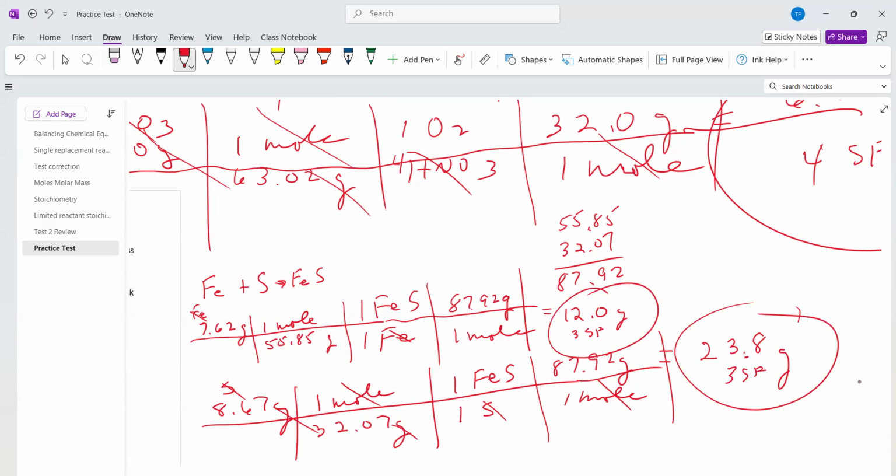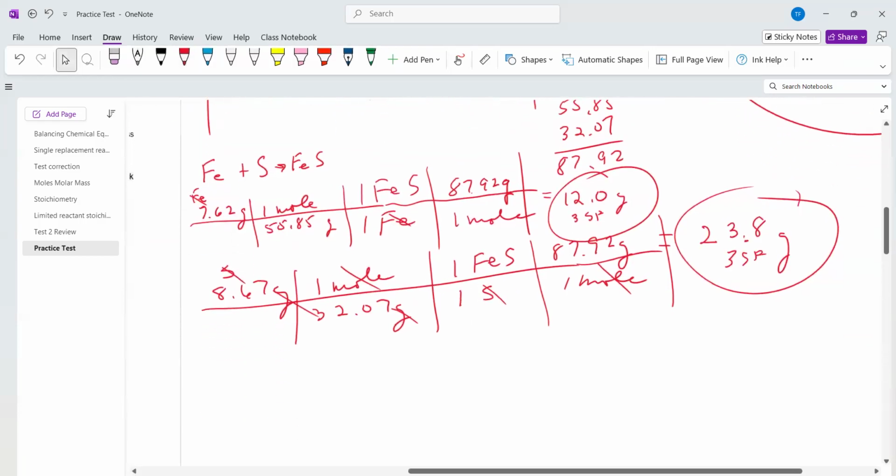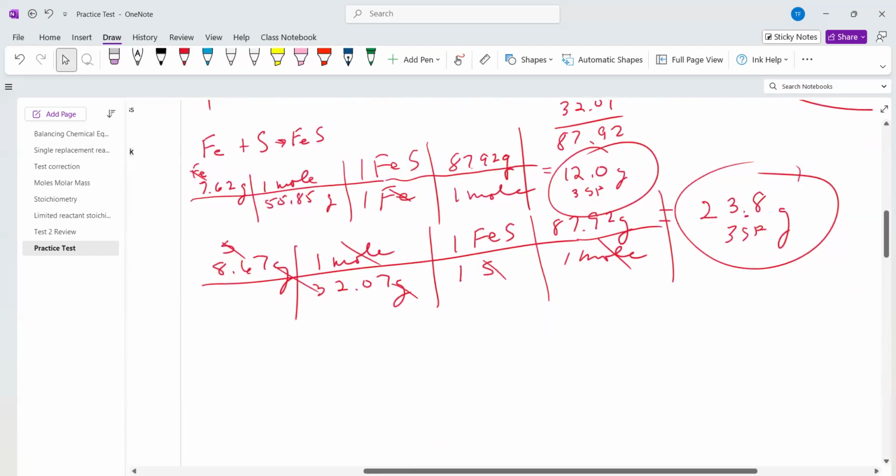Okay, so because the iron showed a lower amount, it's the limiting reactant. If iron is the limiting reactant, that means S is in excess.